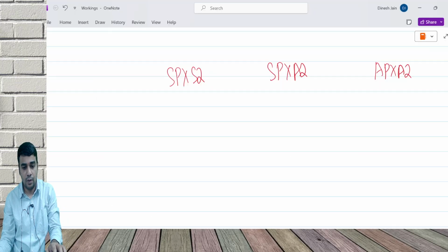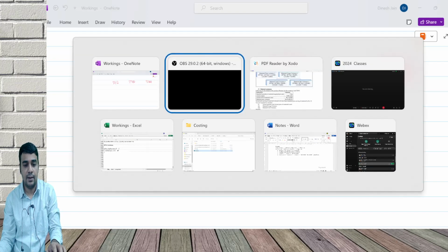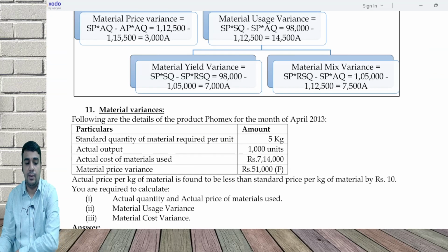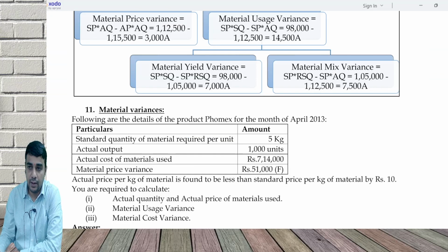Whatever information is available, let's write that. Balance, we'll see how do we get to that data. Tell me whatever information is available. Let's write that first. Which information do you have?